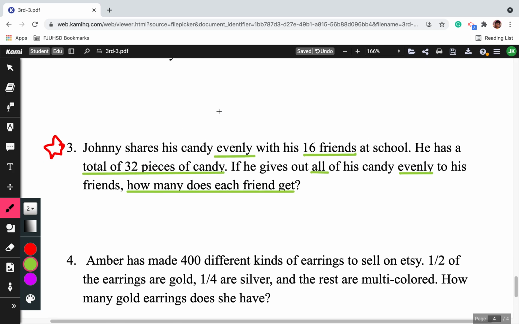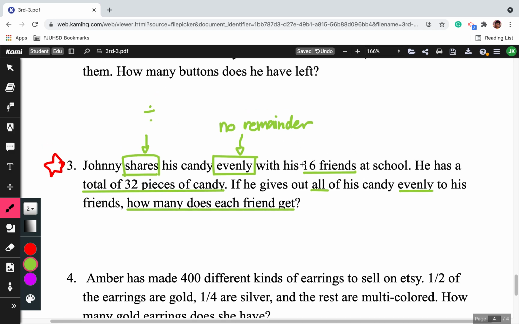So, we know that the word evenly means there's no remainder. Also the word share usually means dividing. And he's dividing this evenly with 16 friends, so we know one of the numbers is going to be 16.